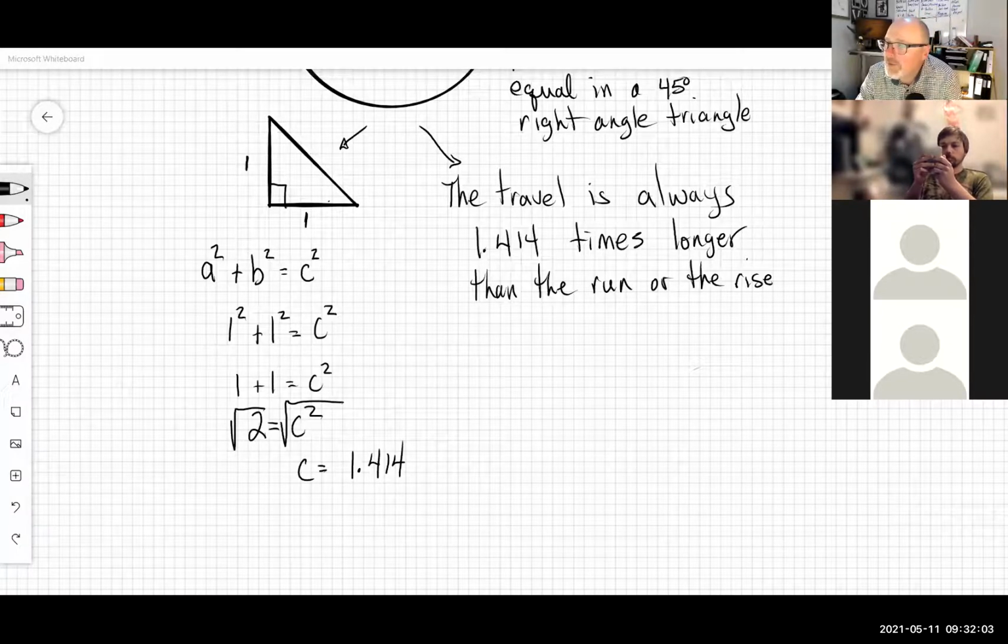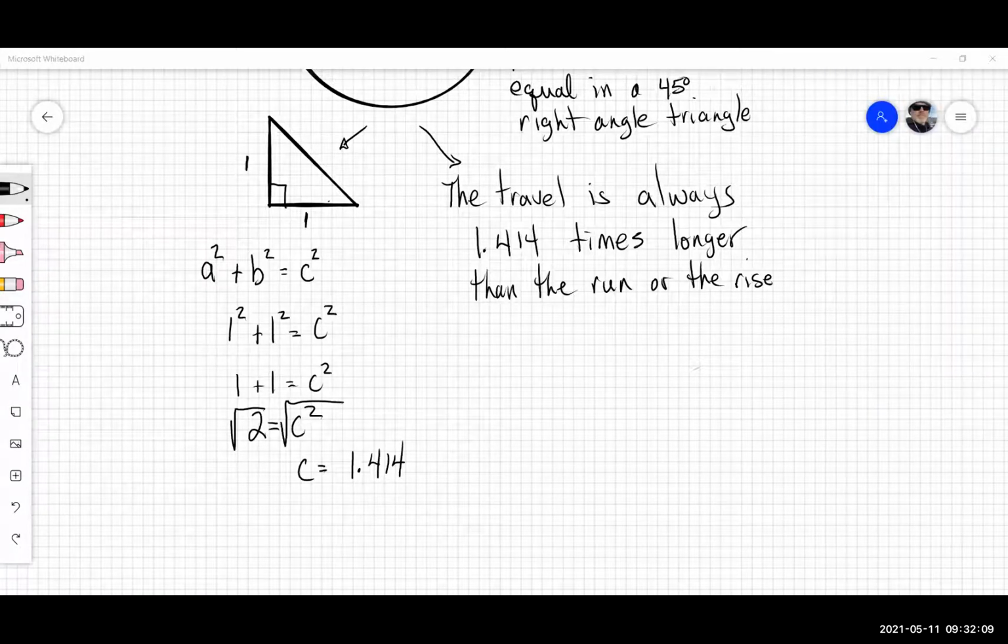Nope, nope. I had this sitting in my drop-down menu here, and now I don't know what I did with it. There we go.